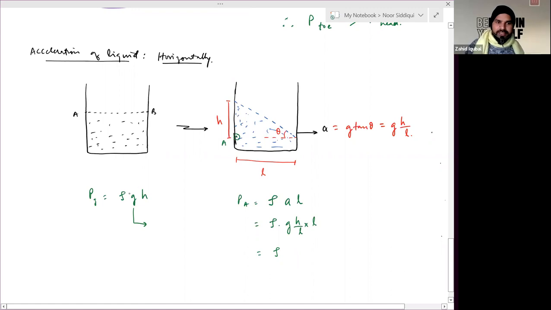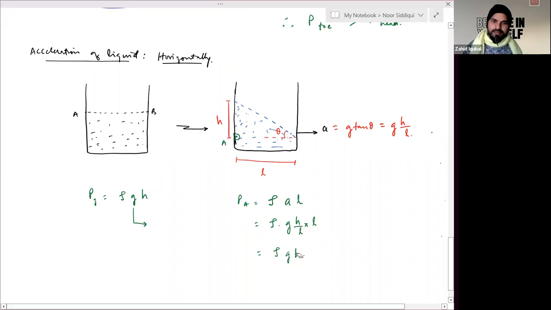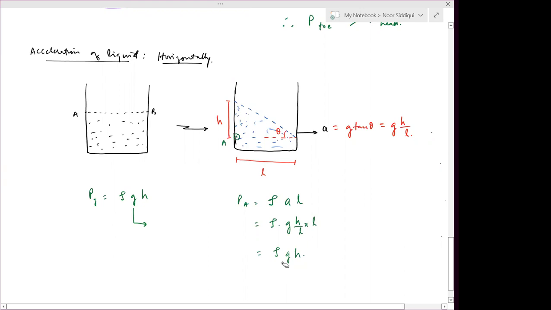So that to compare the net force what we have derived earlier. Let me define you first. So H and L will cancel out. So you're left with nothing but rho GH. Now just compare the two pressures, this term and this term. Is it the same? Yes.